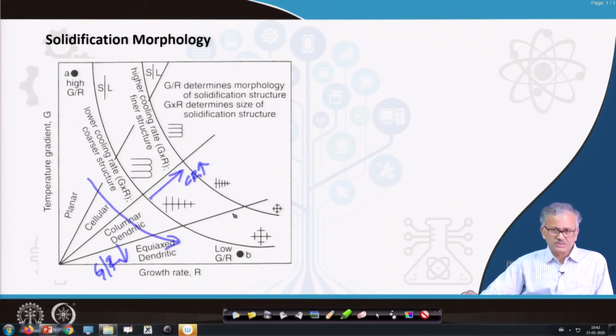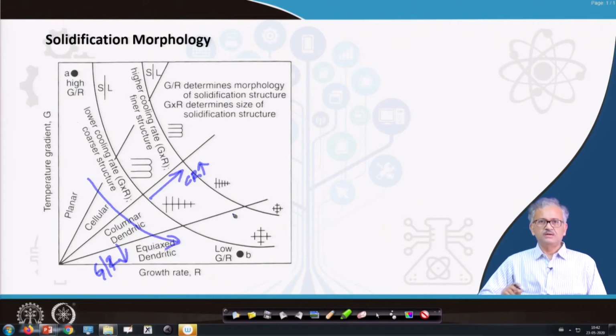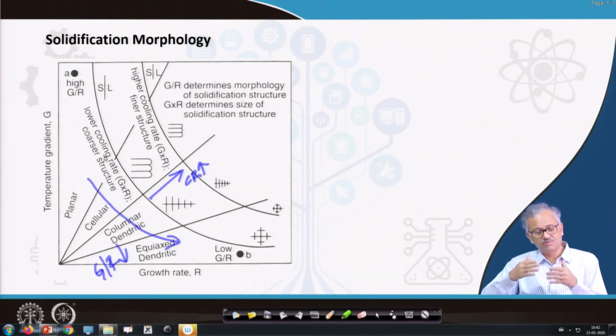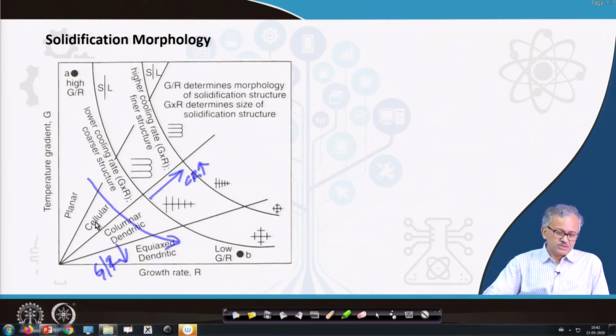So it is obvious that we can predict or estimate what type of morphology is going to evolve depending on G by R or G into R. Based on that we can define what type of solidification structure we are going to get.